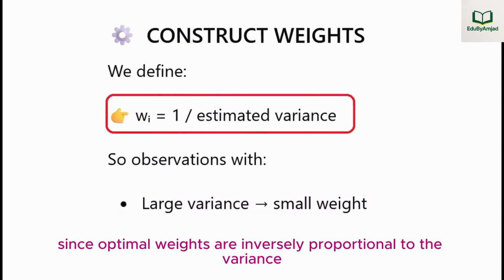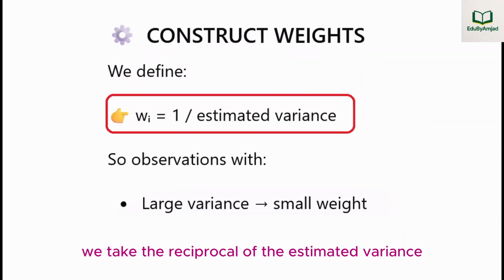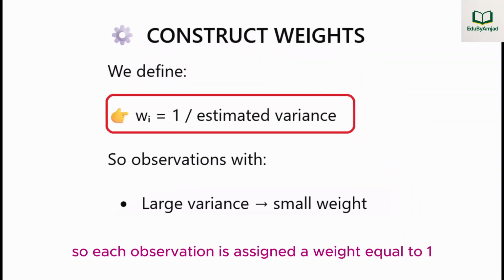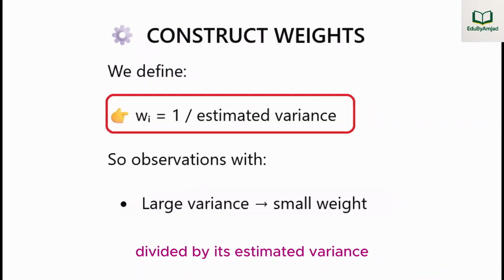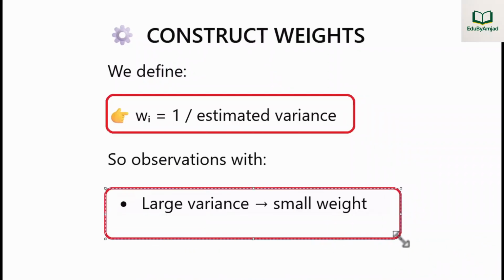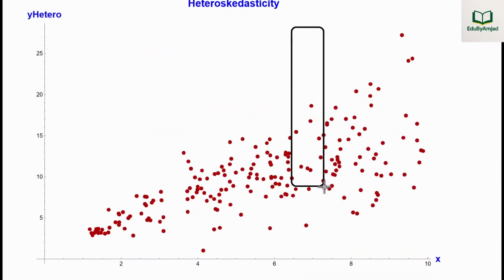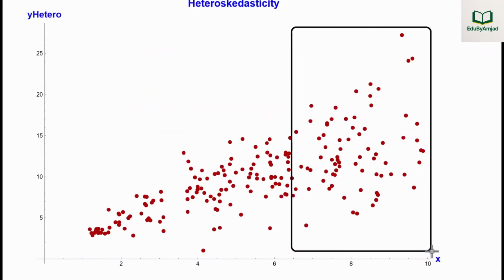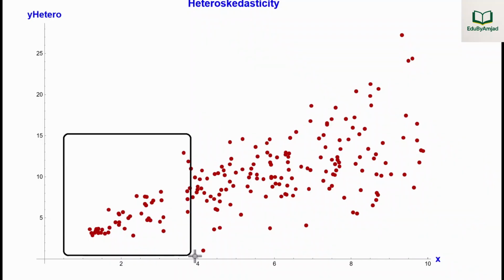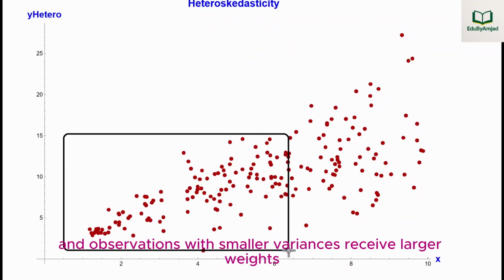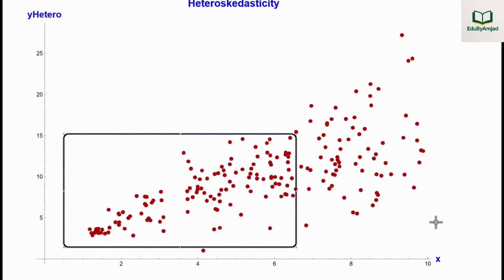Since optimal weights are inversely proportional to the variance, we take the reciprocal of the estimated variance. So each observation is assigned a weight equal to 1 divided by its estimated variance. Observations with larger variance receive smaller weights, and observations with smaller variance receive larger weights.